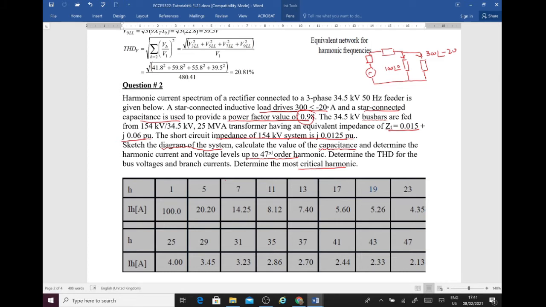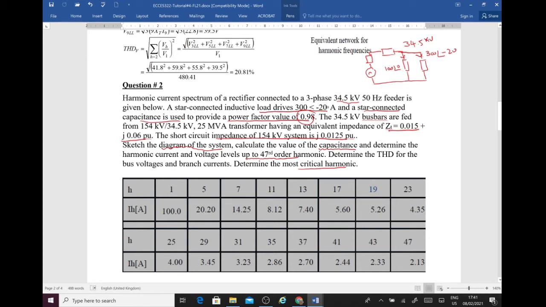Okay, the voltage of the feeder, he told us also, will be 34.5. So the voltage over here is 34.5. This will be the rated voltage of the feeder.